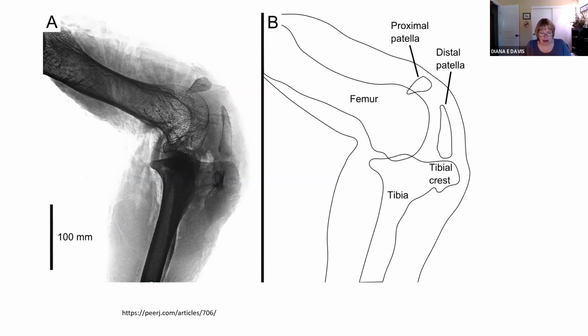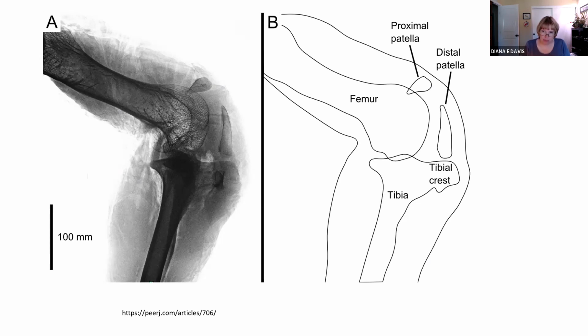So when we think about our legs, one of the things that you might think about is your kneecap. And your kneecap is specifically called the patella. And you can see that word written over here in a couple of places. Not every species of vertebrate has a patella.